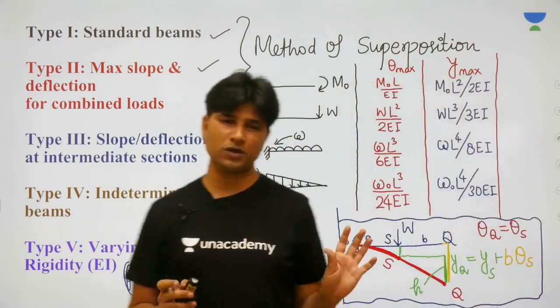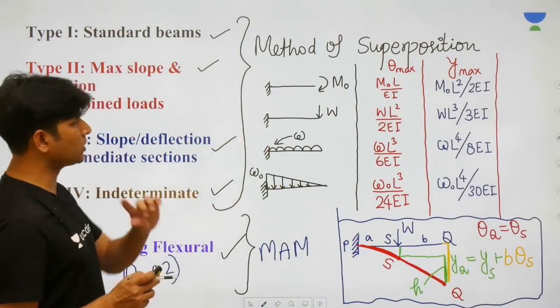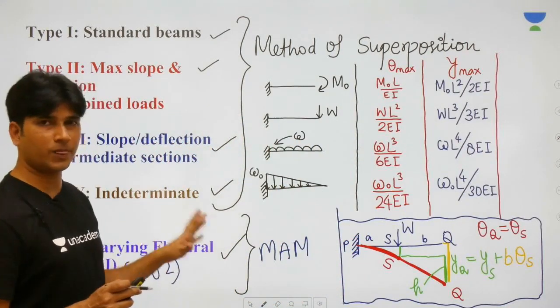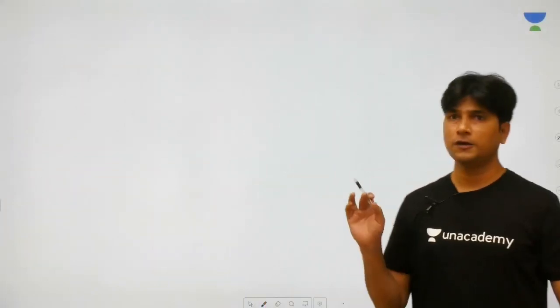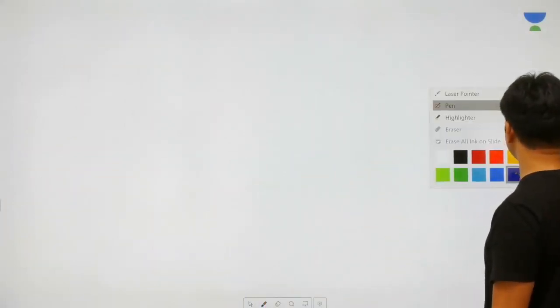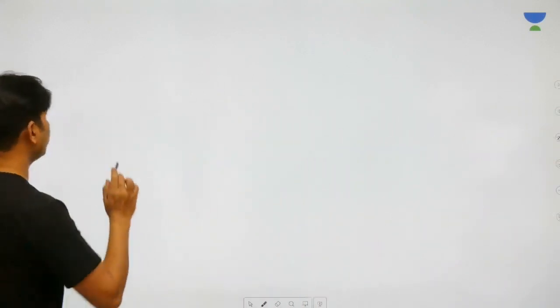Alright, so just make sure that you are now totally remembering all these 8 formulas, and let's go ahead and try taking up a few additional problems. In this slope and deflection of cantilever beams, we have already solved a total of 7 problems.